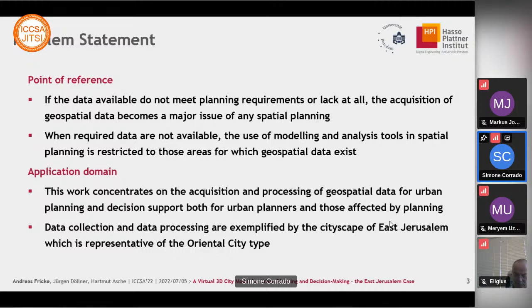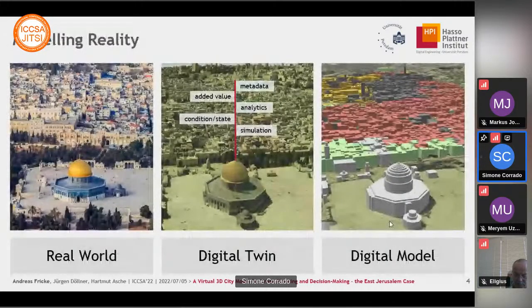So we have this initial situation, the real world. This is the Temple Mount, and we have this famous digital twin, and of course we have a digital model on the other side. The digital model is what you need for answering specific applications, for example the status or the function of a building.